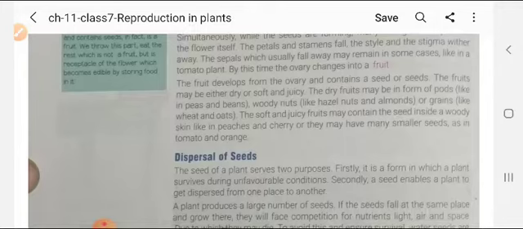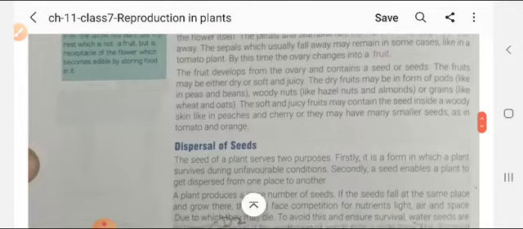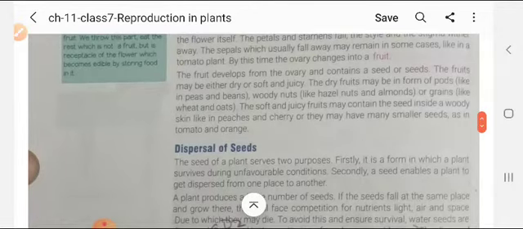A single chapati cannot fulfill the requirement of all the big family members, because from the same single chapati they have to take their nourishment, which will not be enough for them.